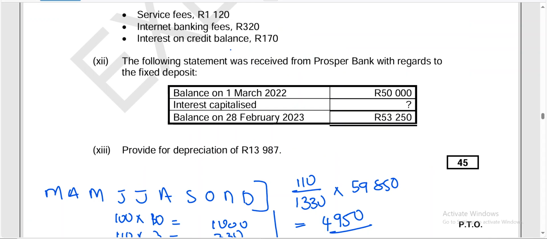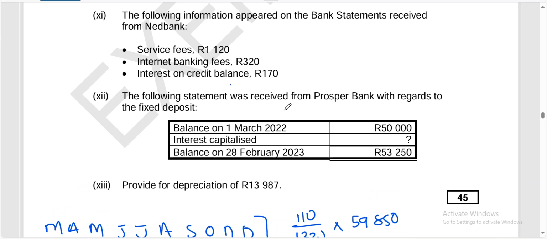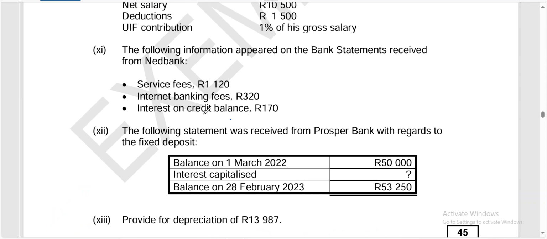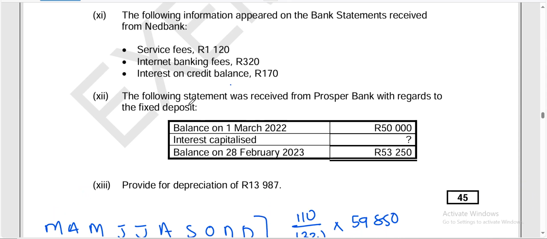And then from there, what we need to check here, they're saying the following statement was received from Prosper Bank with regards to the fixed deposit. I think there was an errata here. A fixed deposit will not tell us something about interest that is capitalized like this. So according to me, this was a loan statement, not a fixed deposit statement.